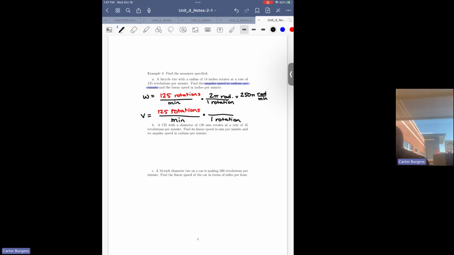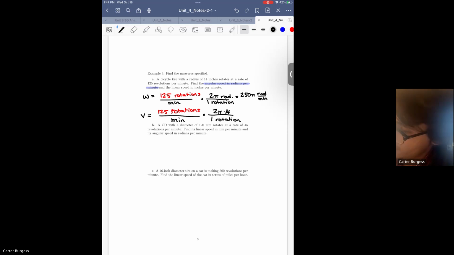That traveling distance is going to correspond to what feature of our bicycle tire? The circumference of our bicycle tire, which is going to be what? 2 pi times 14. A bit messy there. Pi times 14, which is our circumference.